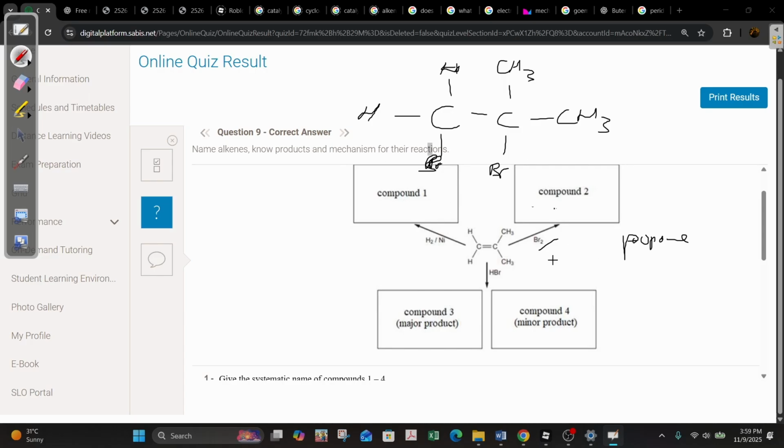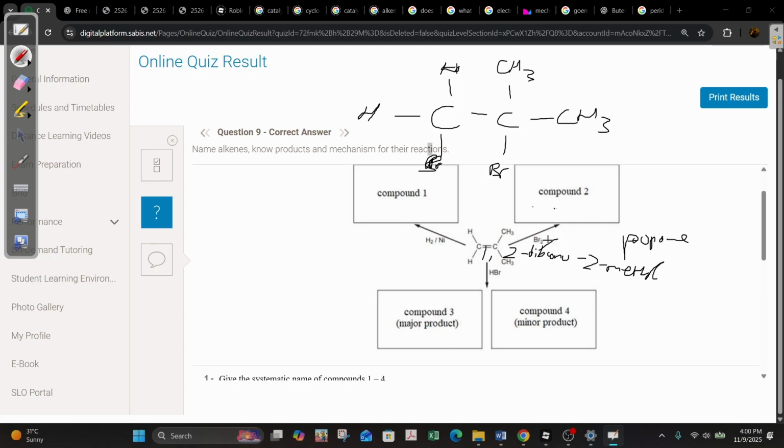Let's do it with alphabetical order first. So carbon atom 1 and 2. So it'll be 1,2 dibromo 2 methyl propane.